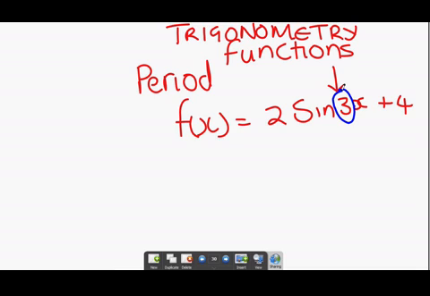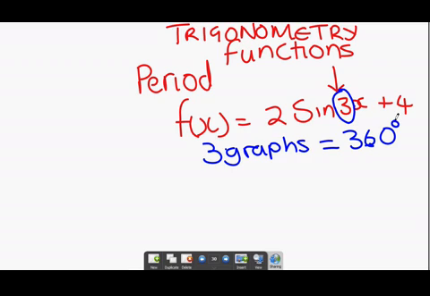In other words, if you want to find the period of this graph, you would know that this number is telling you that 3 graphs equal 360 degrees. In other words, 3 graphs are occupying the space which is a full revolution of 360.